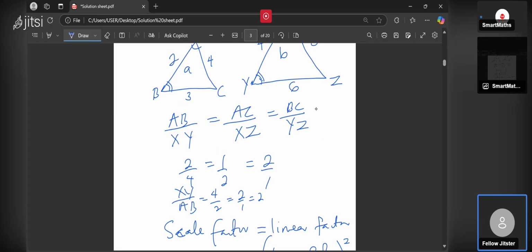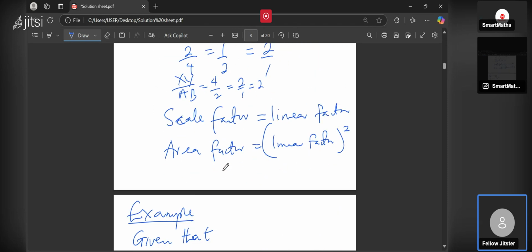It's also known as linear factor. It's the same thing as K factor. We are saying the same thing. So if we now want to find area factor, you are just going to square the linear factor. To get area factor, square the linear factor. That is the formula we're going to use.